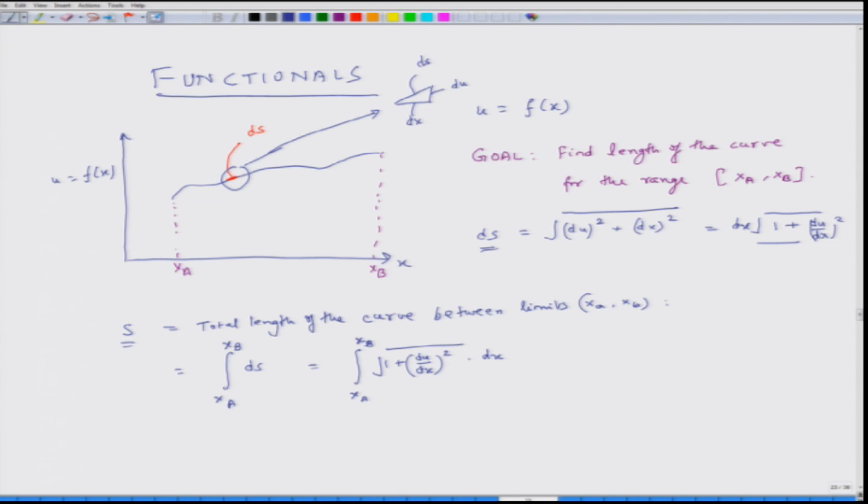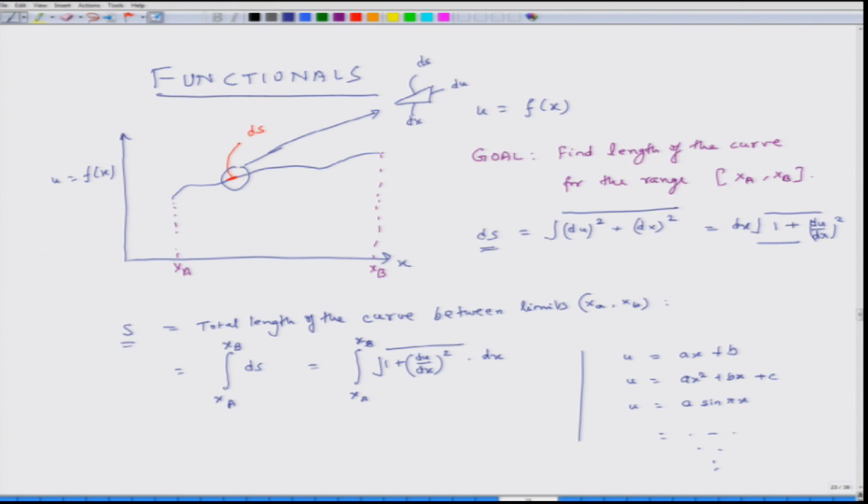Now, to compute the value of S, I have to know u. u could be anything. u could be a straight line, in which case u could be represented by Ax plus B. If it is a parabolic function, then u would be Ax square plus Bx plus C. If it is a sine function, then u would be A sin pi x or some function like that, and I can have infinite types of functions.